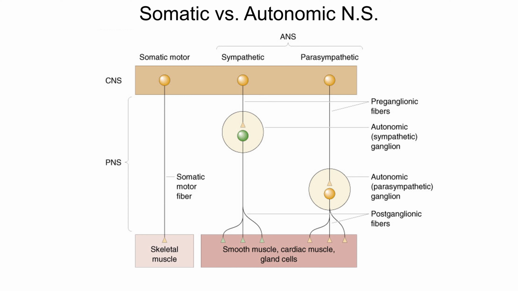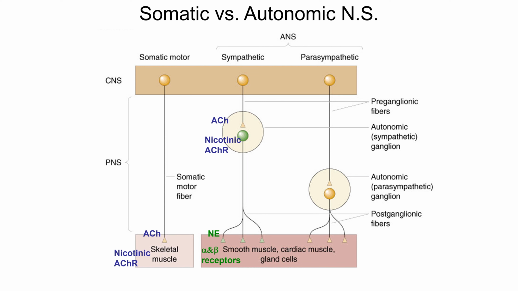It's also important to note the neurotransmitters and receptors that are involved in these processes. So the somatic motor system uses acetylcholine as the main neurotransmitter, and that acts on nicotinic acetylcholine receptors, which are the fast-acting, ionic receptors. They let ions pass through. All of it occurs very quickly to send messages to the skeletal muscle.